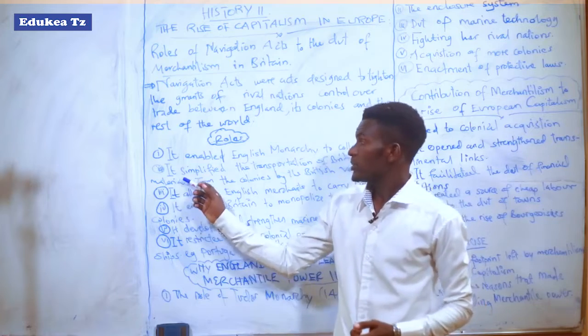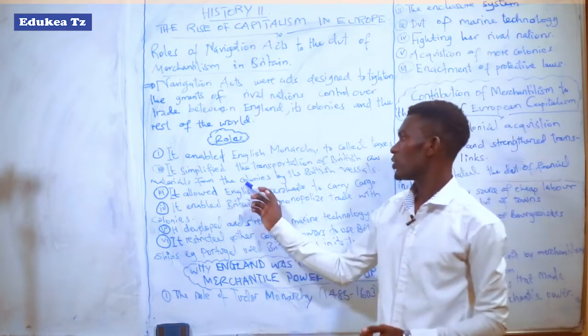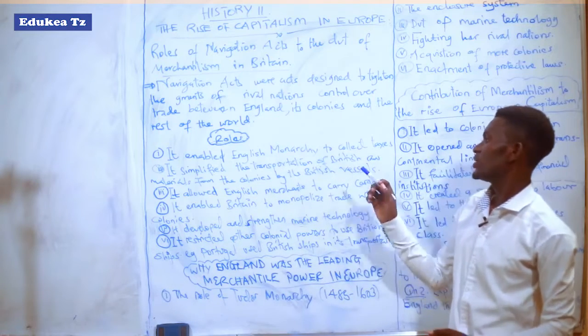Another law simplified the transportation of British raw materials from the colonies by British vessels.